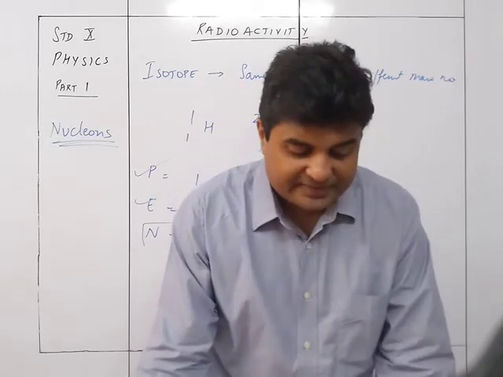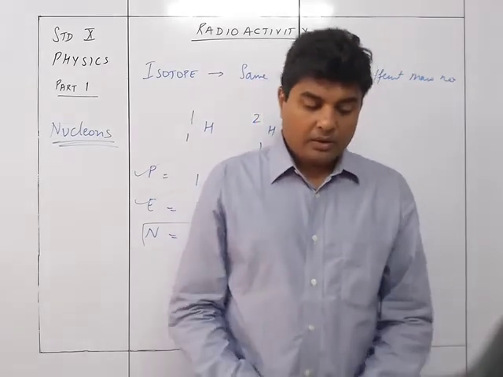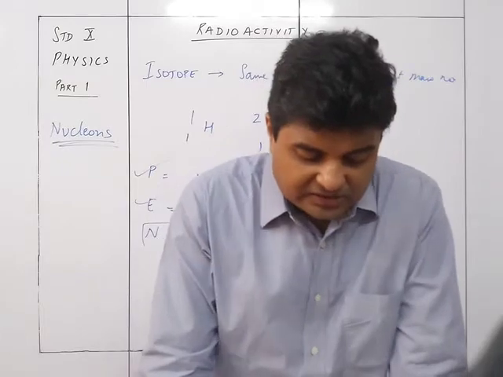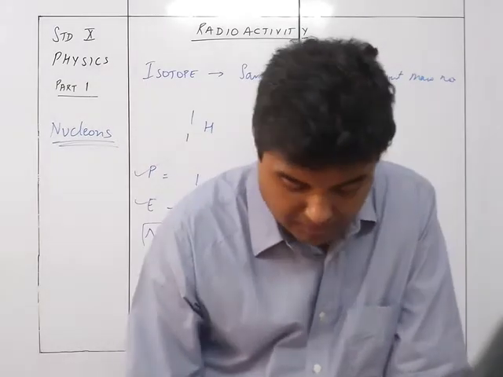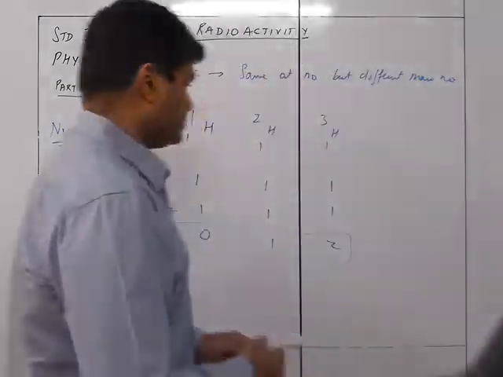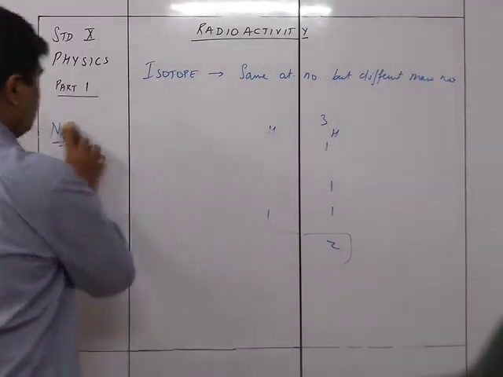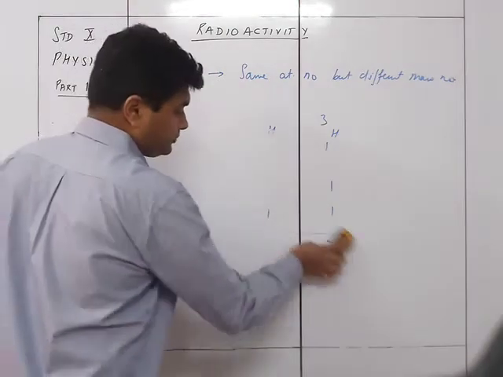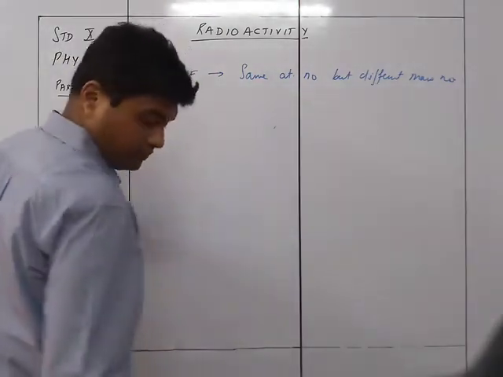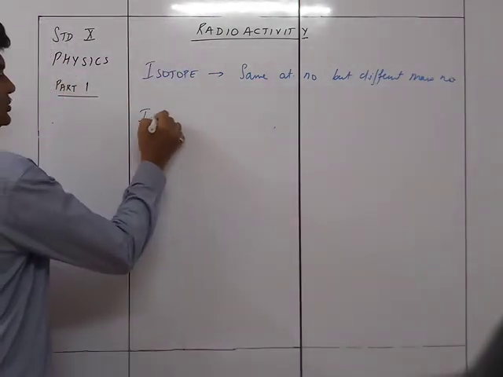The next we see is isobars. Isobars are atoms of different elements having the same mass number but different atomic number. So exactly the opposite of this thing is called isobars.